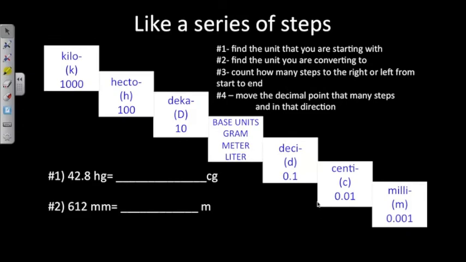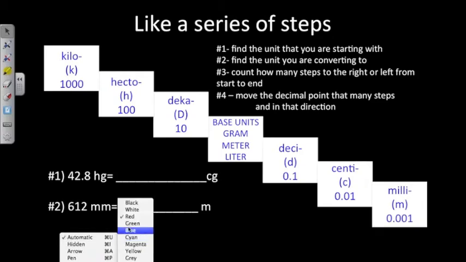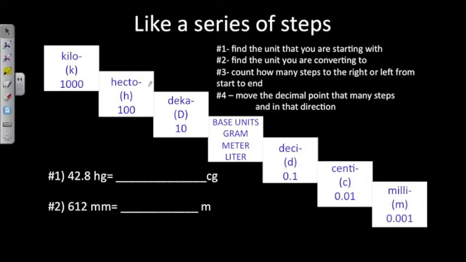When we're doing metric conversions using this step system, there are 4 basic steps you can follow. First, you need to find the unit that you are starting with. In this example, we are starting with hectograms. So if I get my pen here and I find hectogram, hecto is right here.